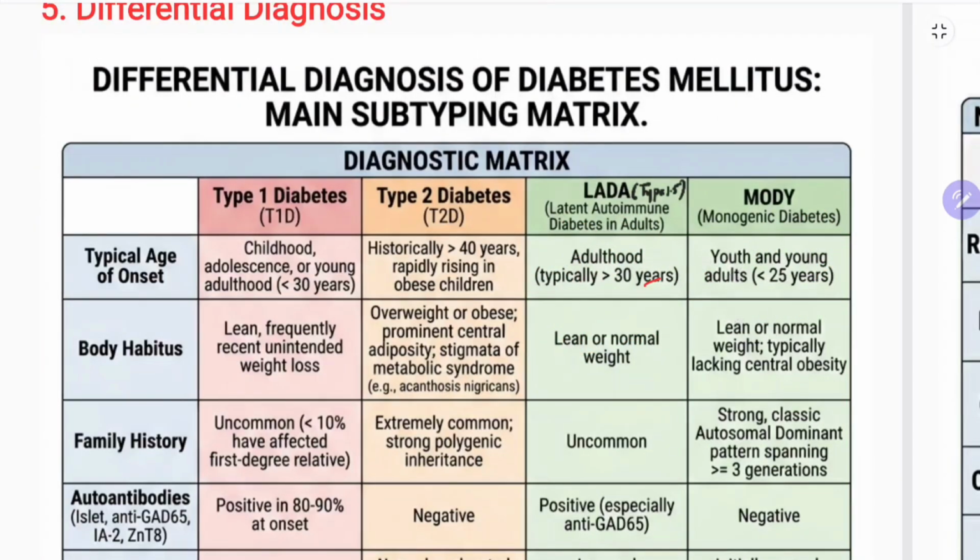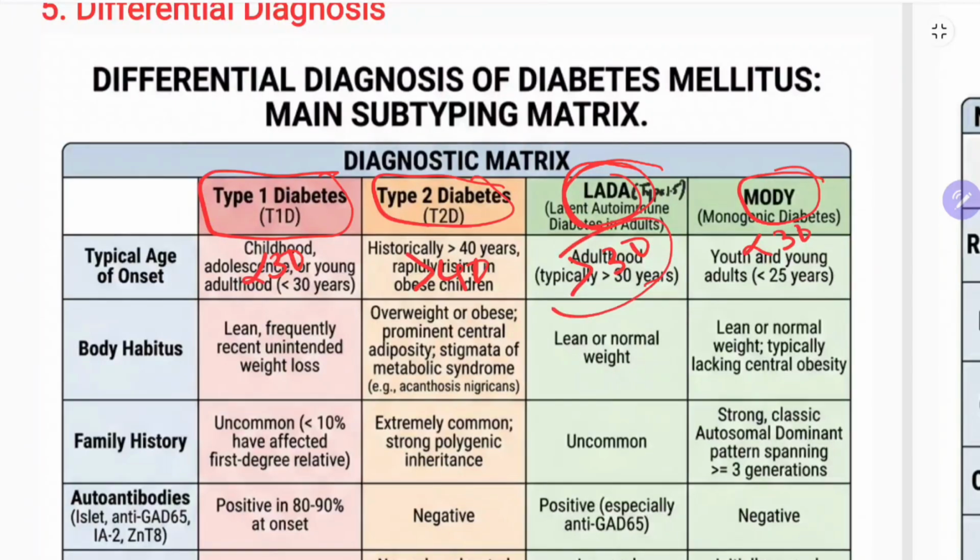Basically, because this presents in adults, we need to differentiate type 2 diabetes from LADA, and type 1 diabetes from MODY, because MODY and type 1 diabetes both present at less than 30 years of age, while type 2 diabetes occurs at more than 40 years of age, and LADA at more than 30 years of age.